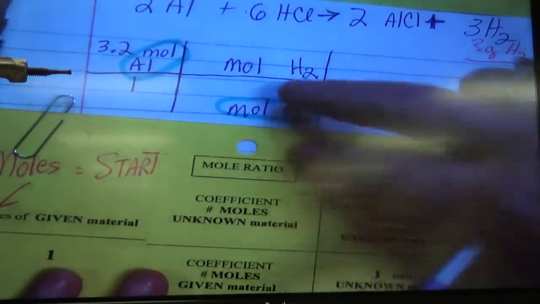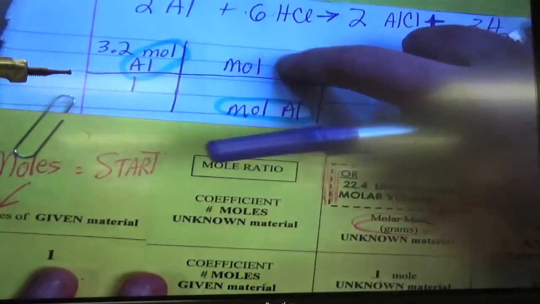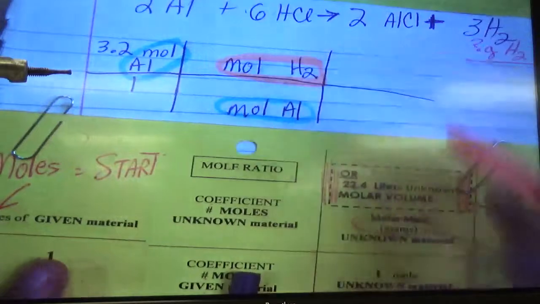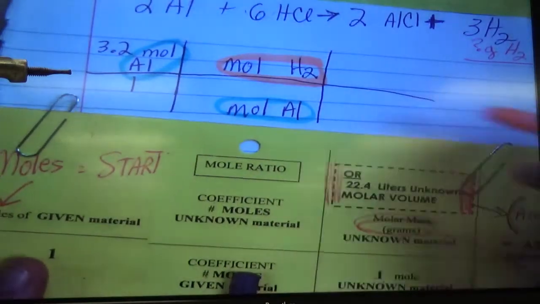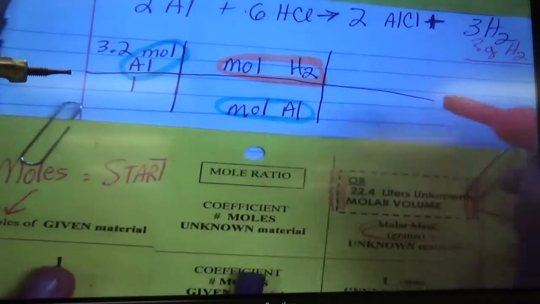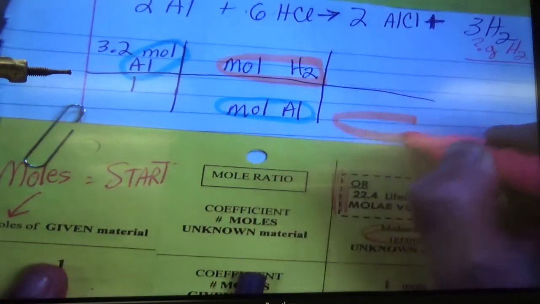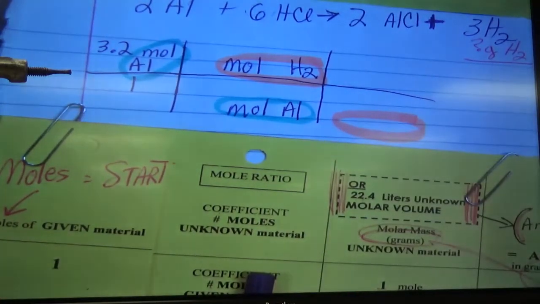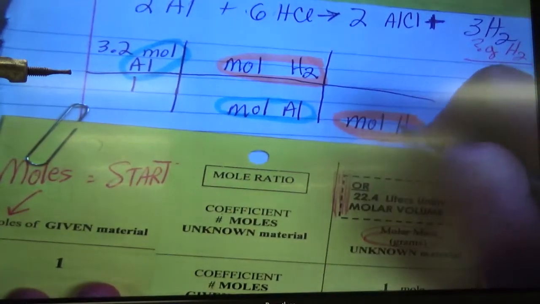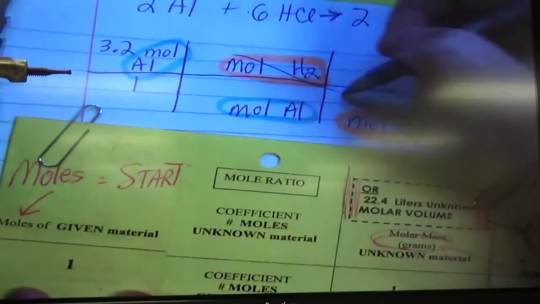Okay, after getting moles of hydrogen on top, do we want moles of hydrogen for our answer? No. So that means we have to copy it to top or bottom. Bottom, to make it cancel, okay, to make it go away, we have to copy it to the bottom. Moles of hydrogen. Okay, and that will make it cancel, won't it?